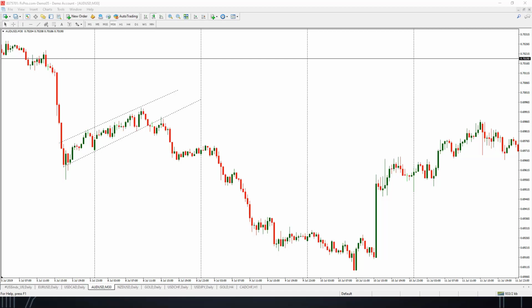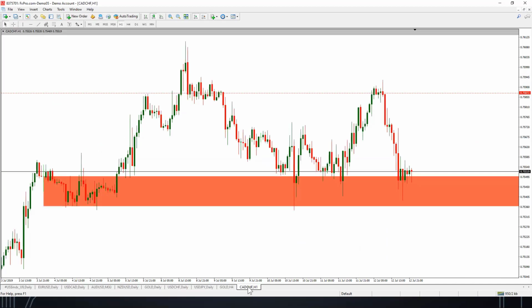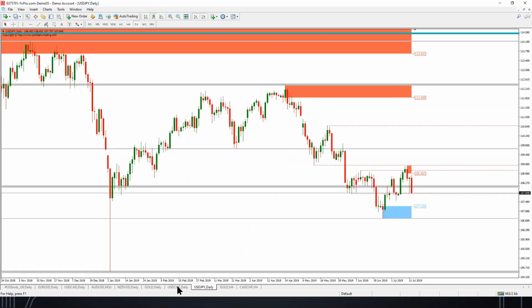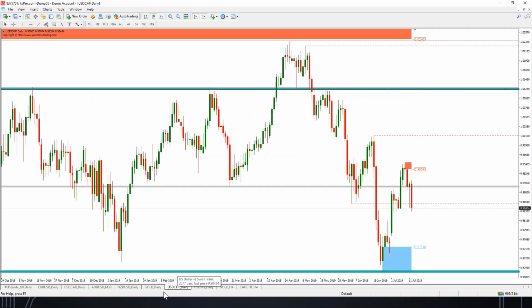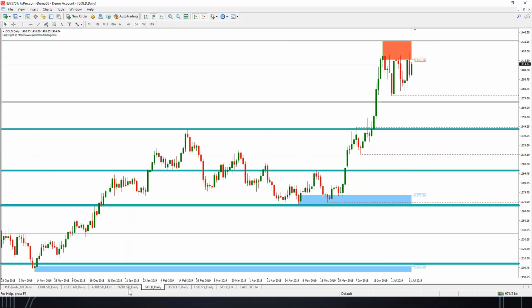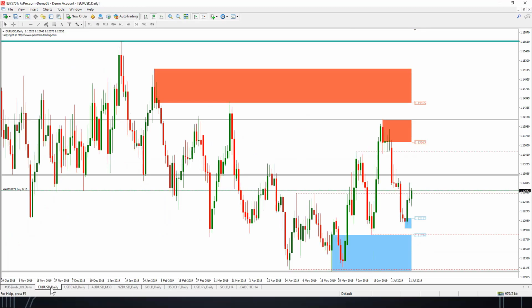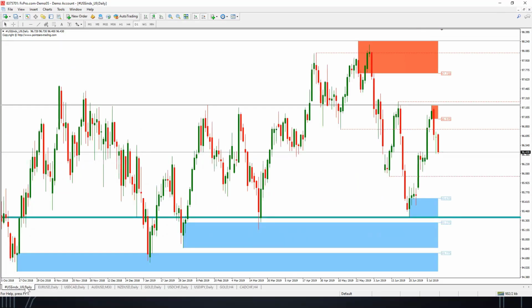Now let me see if I can get another example of a bull channel. We are looking for a market which is in an uptrend. Dollar.